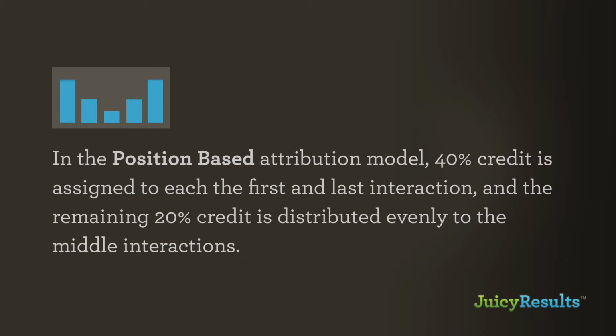Now, I think one of the most interesting ones that you should consider is the position-based attribution model. So the position-based attribution model would basically give 40% of the credit to the first and to the last interaction. So in the example we went through, there were 3 interactions with your website.